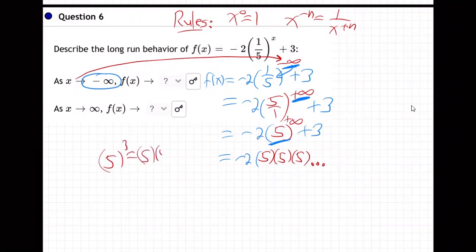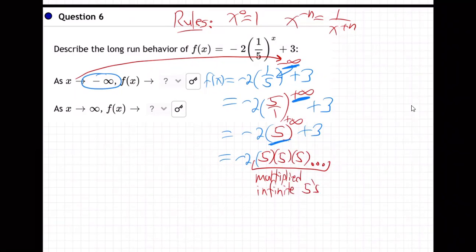You know that means 5 times 5 times 5, 3 times, right? So 5 to the infinity power means multiplying infinite 5s, right? Plus 3 at the back.